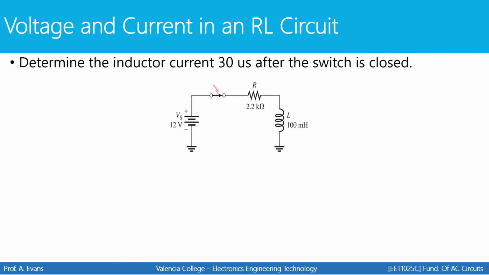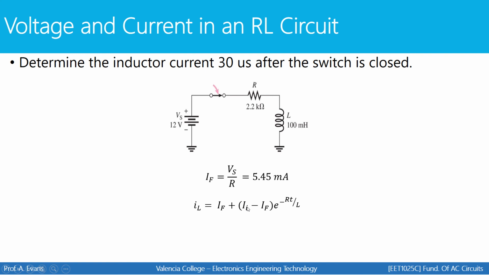So we're going to determine the inductor current 30 microseconds after the switch is closed in this example. We're going to start by figuring out how much is the maximum or final value of current that is possible in this circuit. That's Vs over R, 5.45 milliamps. And then we're going to take our equation and plug in what we know. We know IF.